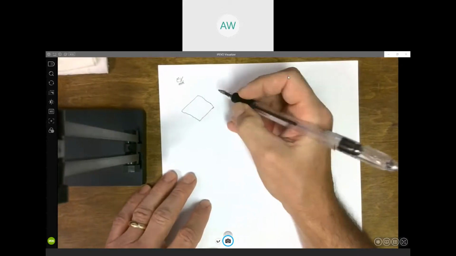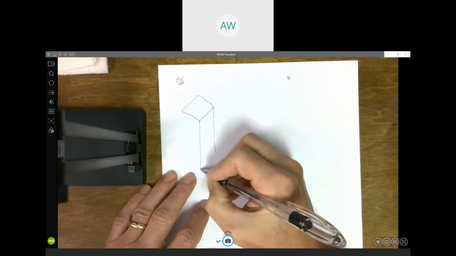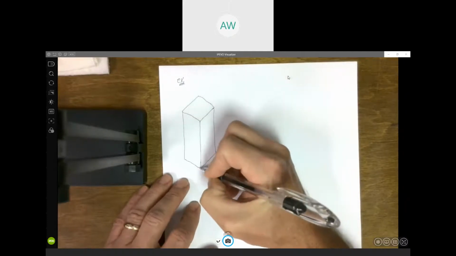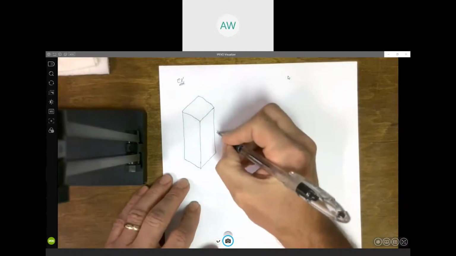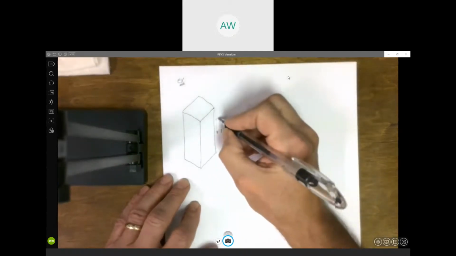And again, I'm sure mine will not be to scale. So we've got this column, eight feet tall. And again, this is concrete.